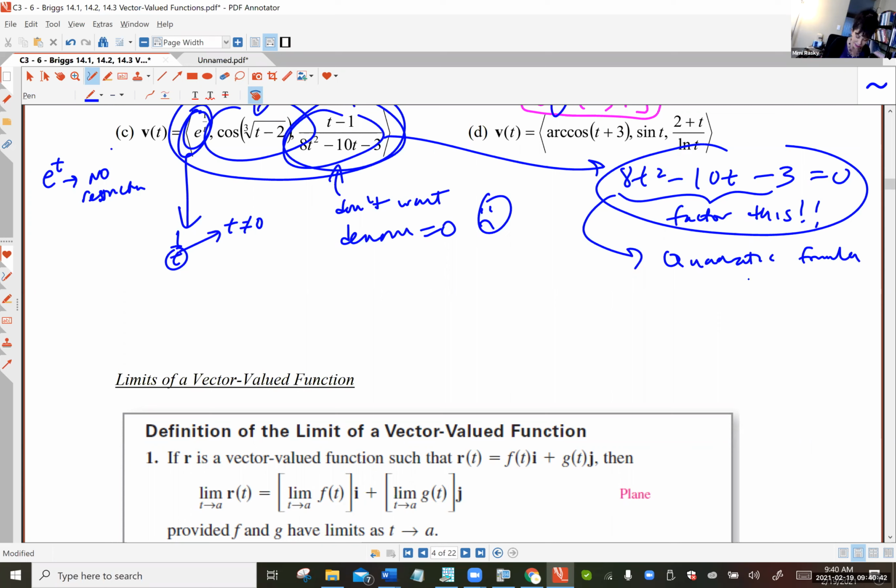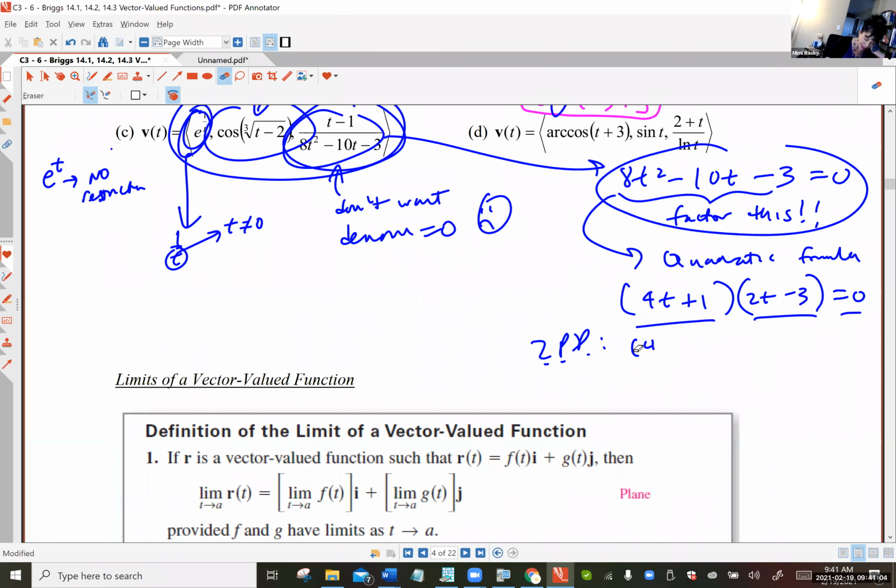I claim if it does factor, it's a little easier to factor and then apply what's known as the zero product property. So it turns out that this has a factorization, and if something times something equals 0, the ZPP, the zero product property, says when you have a product equaling 0, you're allowed to set each of the individual factors equal to 0. That's how you solve it.